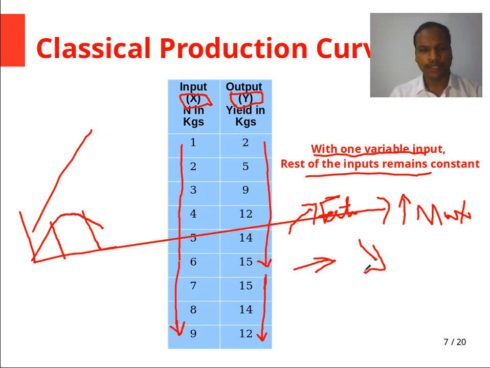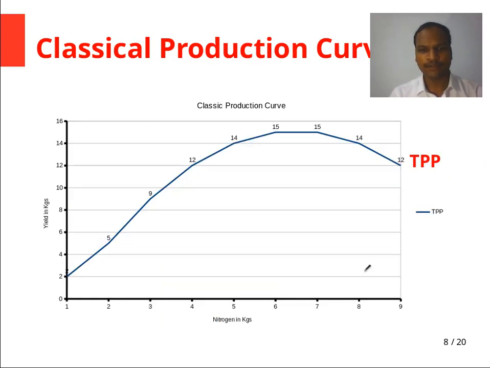Okay, now let's draw this in the graph, and we will see virtually how TPP is working. We have taken nitrogen as input on the x-axis, and output, paddy yield, on the y-axis.